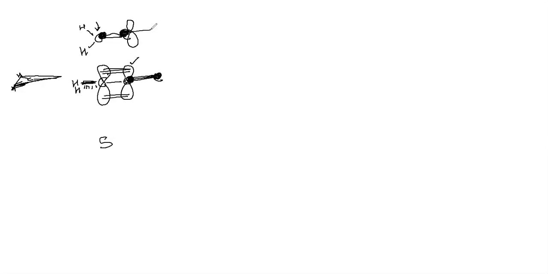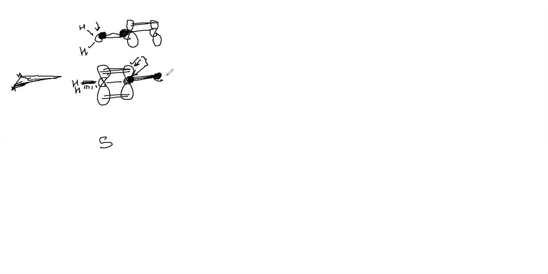Now if I put the next carbon here, then it will have a p orbital in this direction, so that it can form a bond. So remember, these two p orbitals in the center are mutually perpendicular.